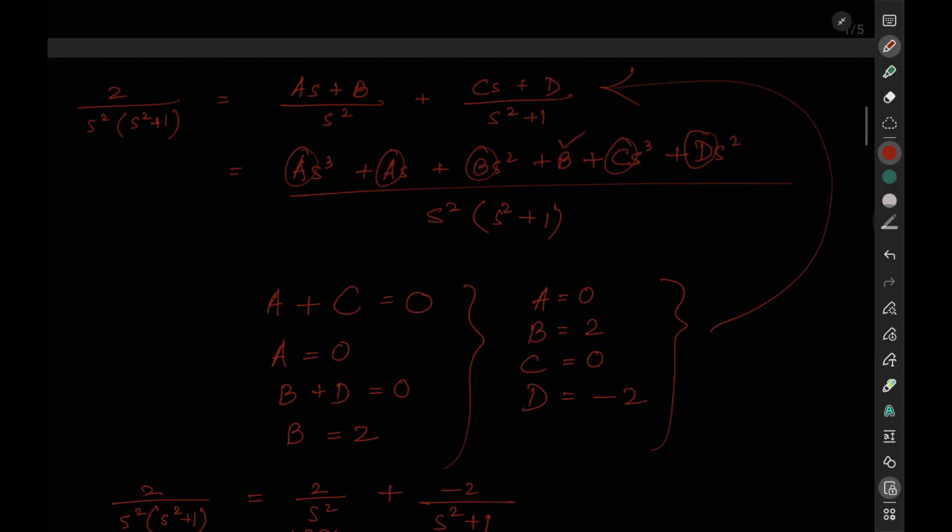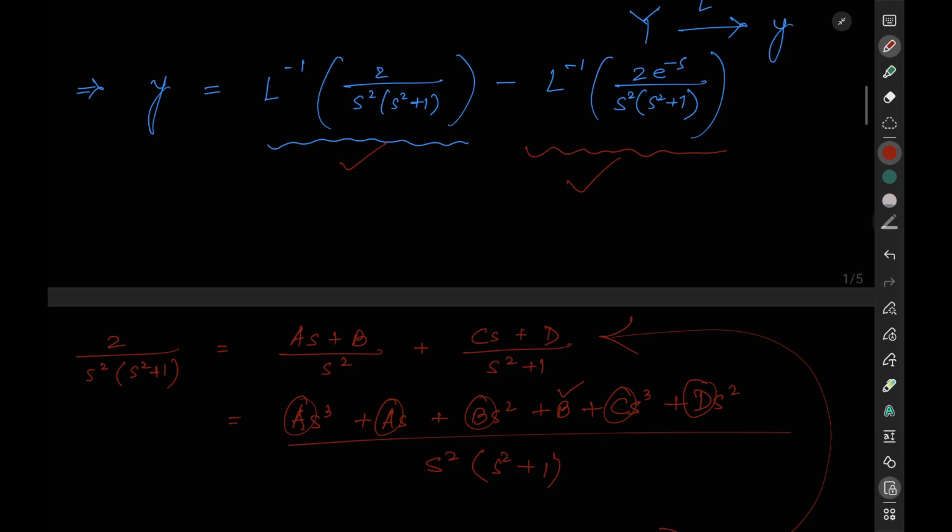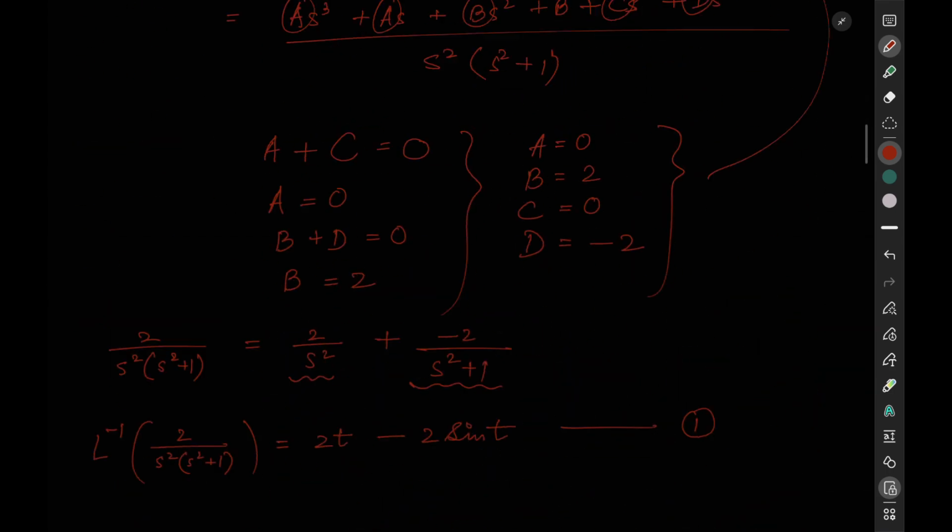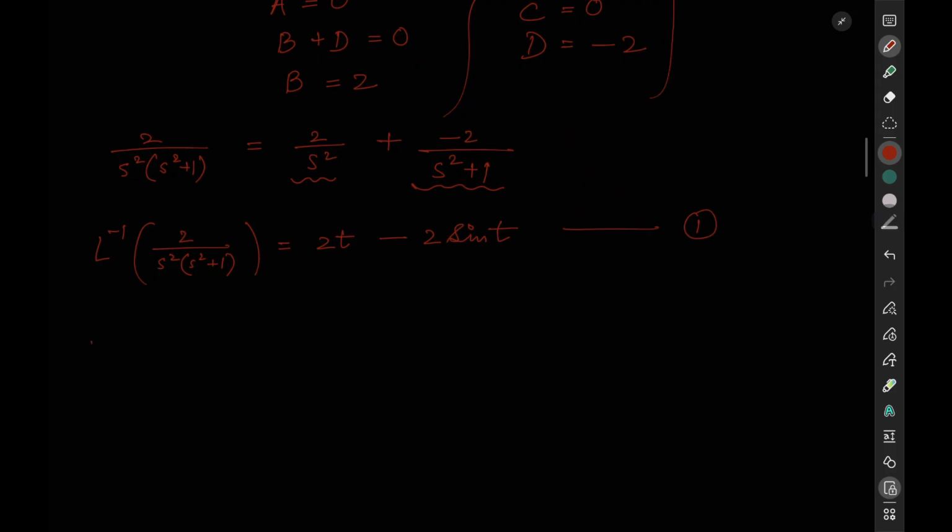For the second part, we have Laplace inverse of 2 upon s square into s square plus 1 multiplied by e to the power minus as, where a is 1. Since e to the power minus as is multiplied, the solution will be similar to the first, only the time will be shifted.